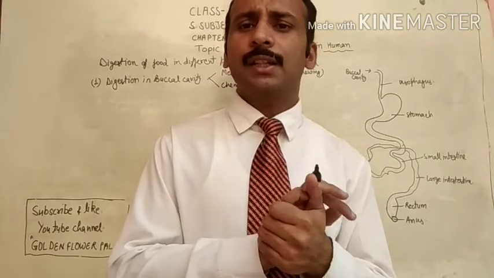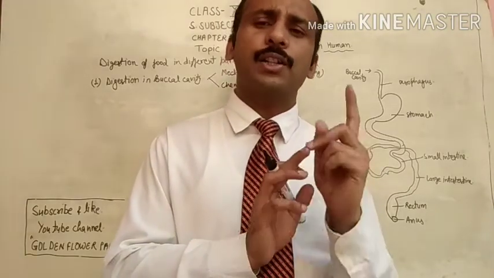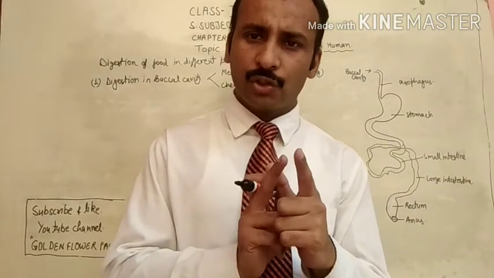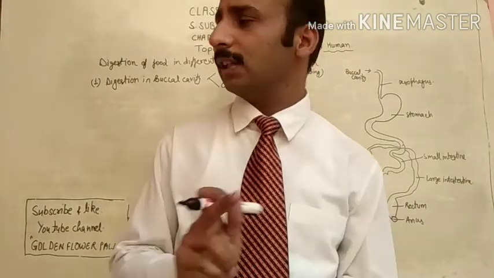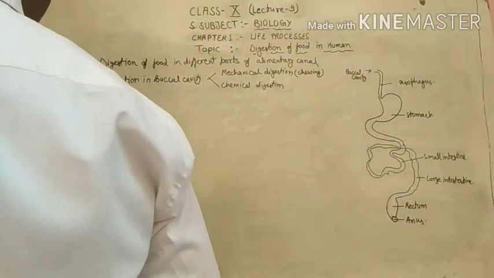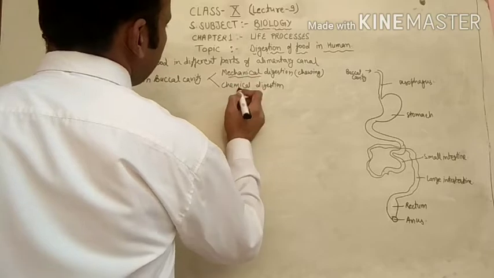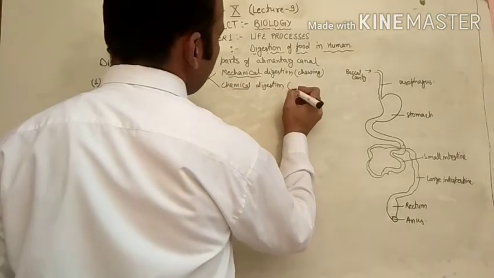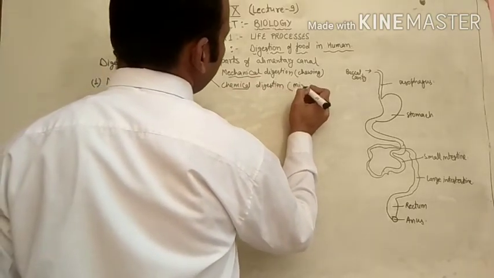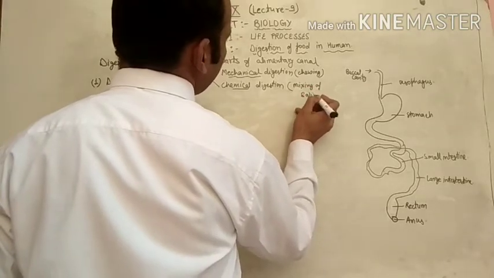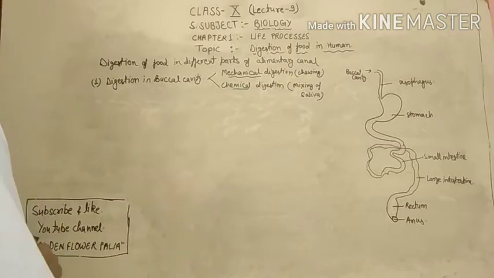Again I am telling you, in the last video I already told you the digestion of food starts from the buccal cavity. So the two types of digestion are mechanical and chemical. Chemical, how? By mixing of saliva. This is called chemical digestion.